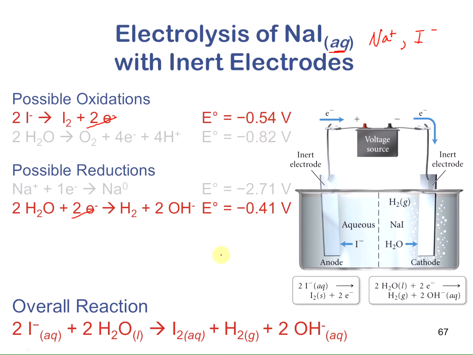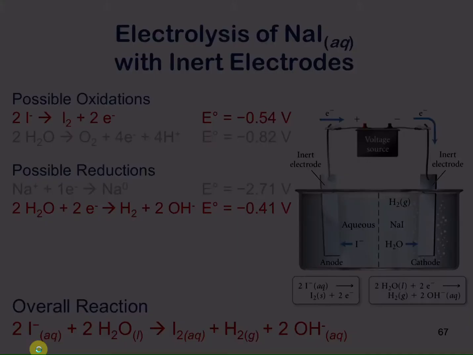That gives me, for the E cell, minus 0.95 volts. So we're going to have to put in a little bit more than 0.95 volts to reverse that reaction to do the electrolysis of the sodium iodide.